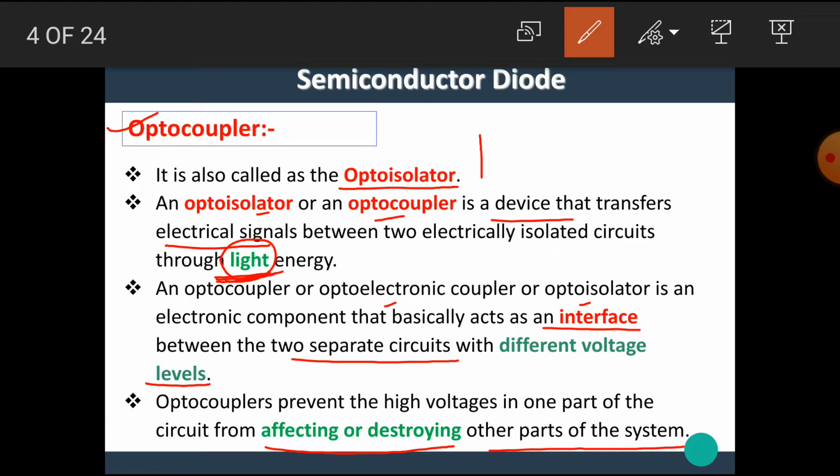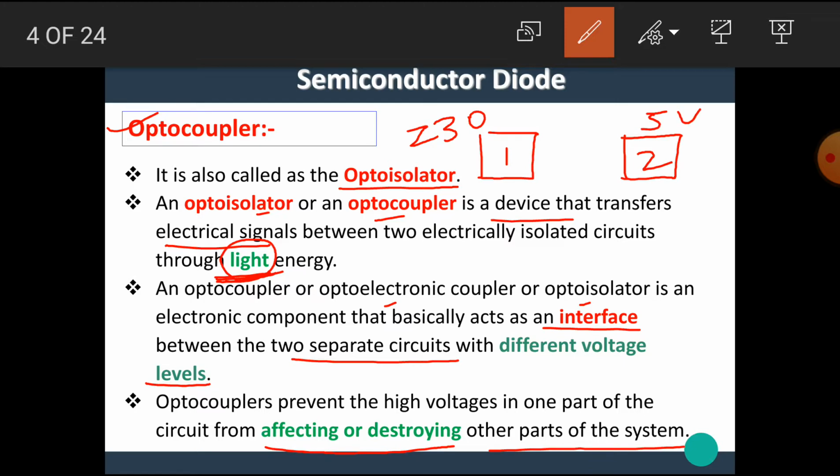Now let's consider two electronic systems, electronic system first and electronic system second. Consider the electronic system first works on 230 volt, while the electronic system second works on 5 volt.